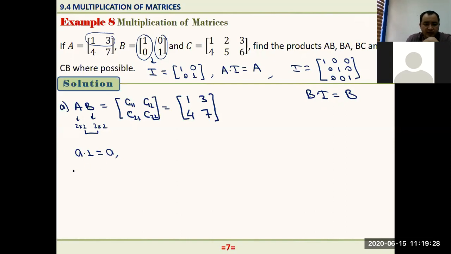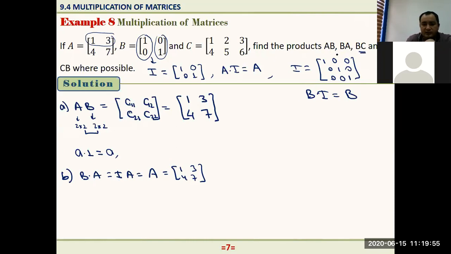How about B times A? B is the identity matrix, so I times A is equal to A itself, which is 1, 3, 4, 7.